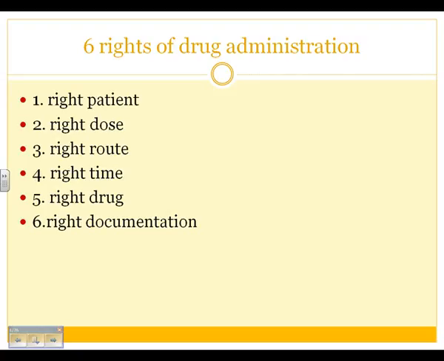Q12 hours means literally every 12 hours. QID is 4 times a day, which would be what? Q6 hours. Okay? So if it's ordered Q4 hours, Q6 hours, that means around the clock, every 4 hours regardless. If it's TID, BID, QID, then those time frames are staggered so that they're while the patient's awake.